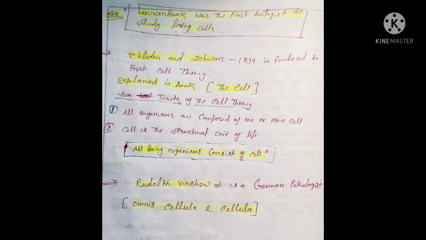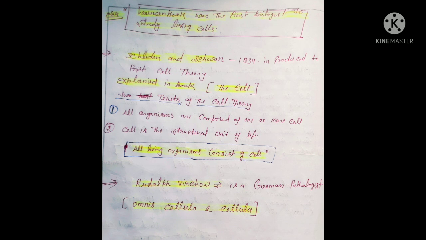And the next scientist, Rudolf Virchow, 1855, a German biologist. He stated omnis cellula e cellula, which means a cell can arise only by cell division from a pre-existing cell.